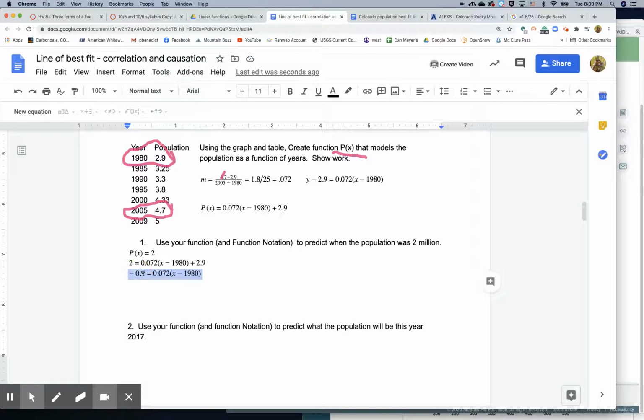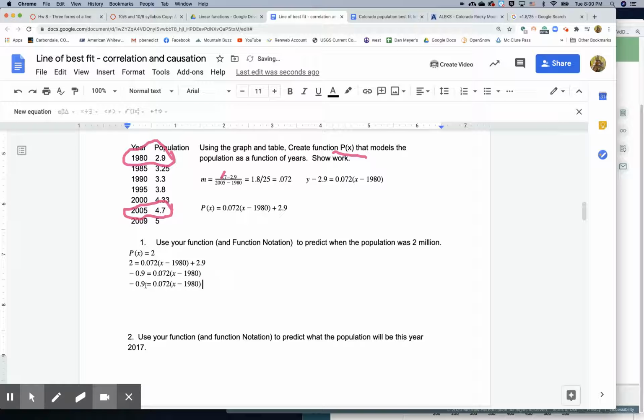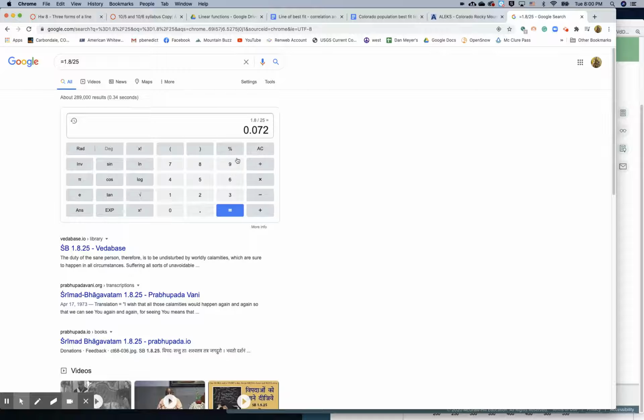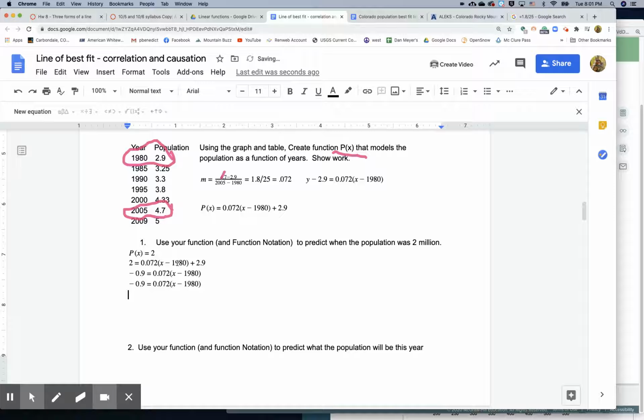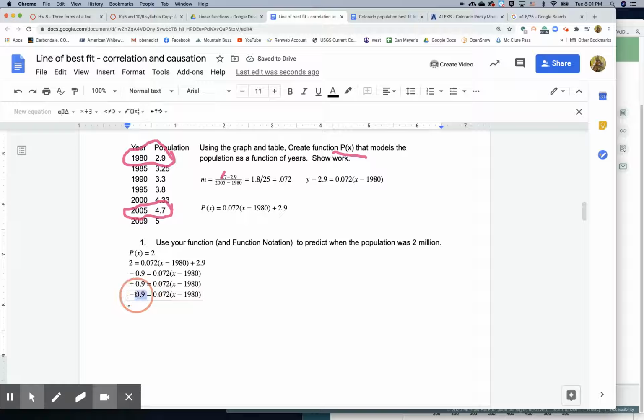So let me copy that. Divide negative 0.9 by 0.072. That's going to get me negative 12.5.